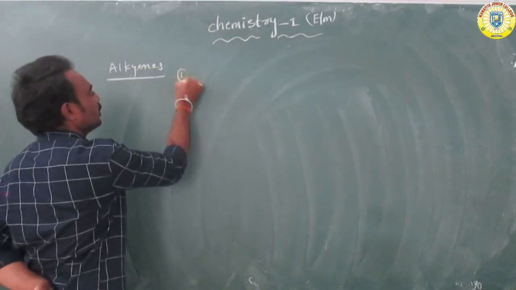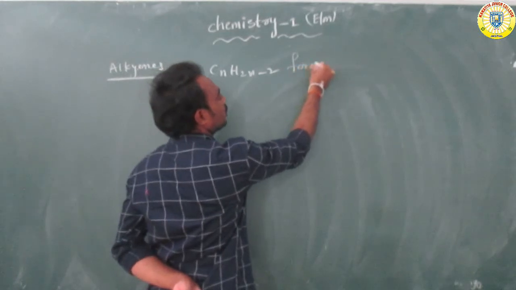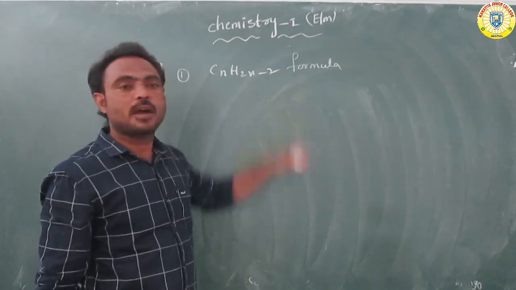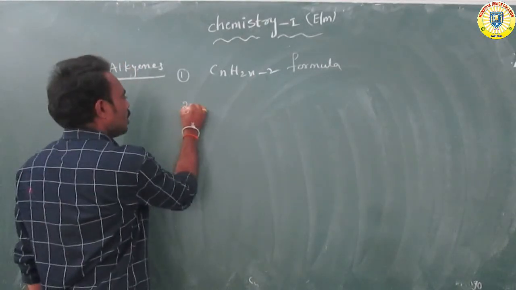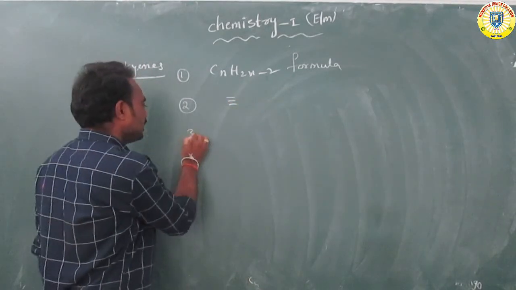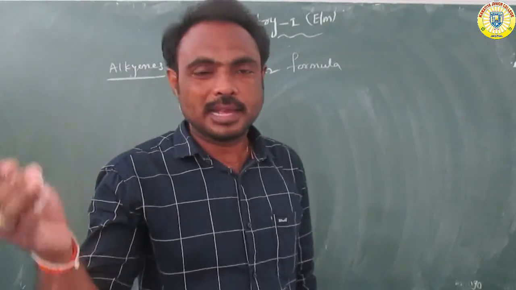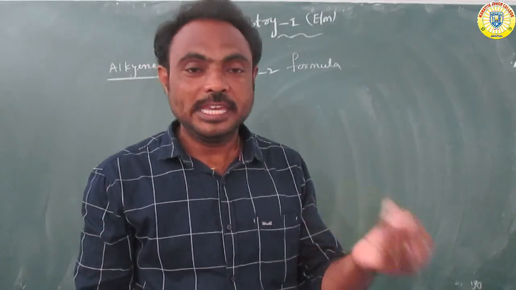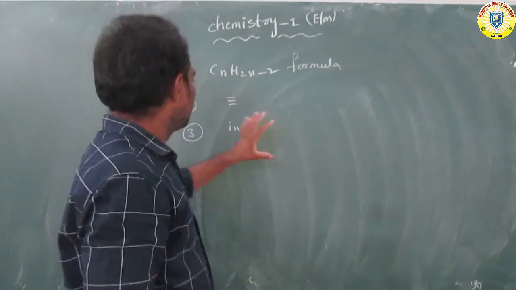What is the first point? The CnH2n minus 2 formula of compounds is called alkynes. So overall, alkynes contain a triple bond, and their names have the ending "-yne". Alkanes end in "-ane", alkenes in "-ene", alkynes in "-yne".